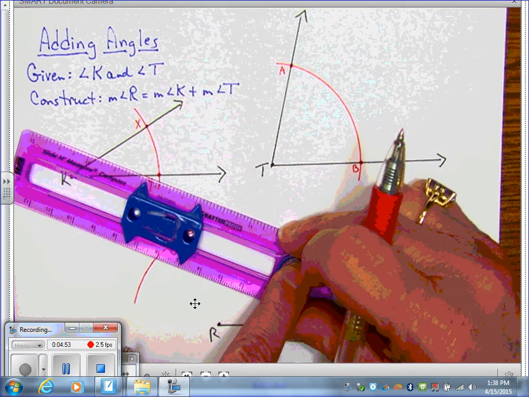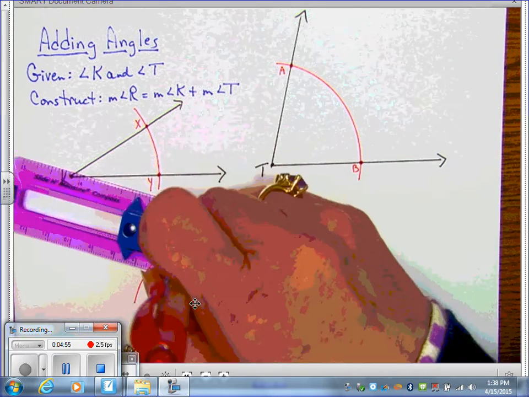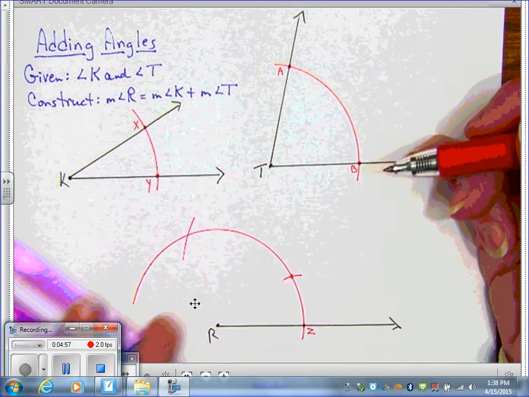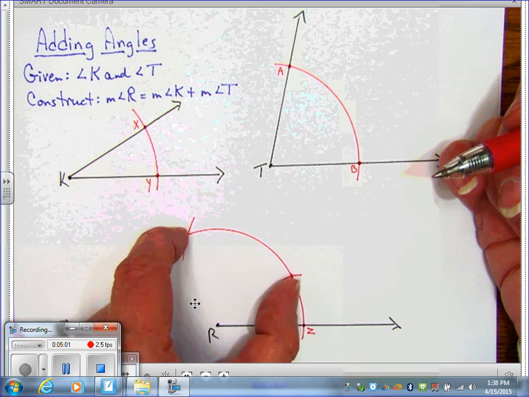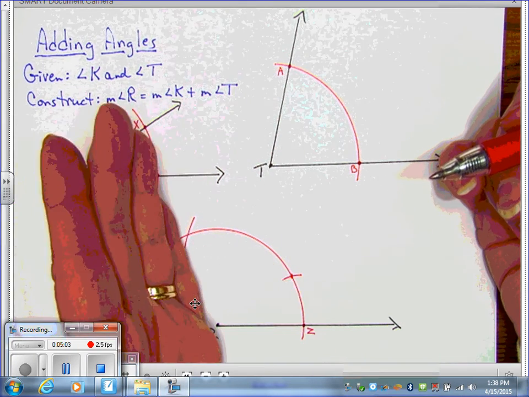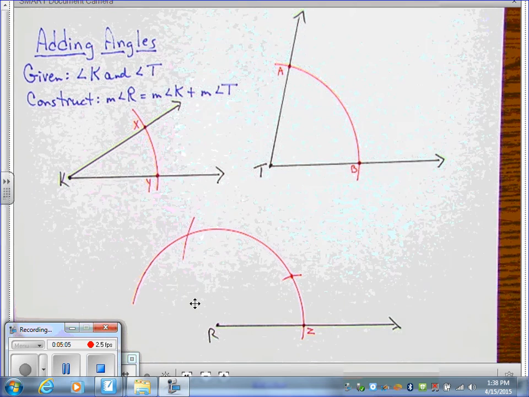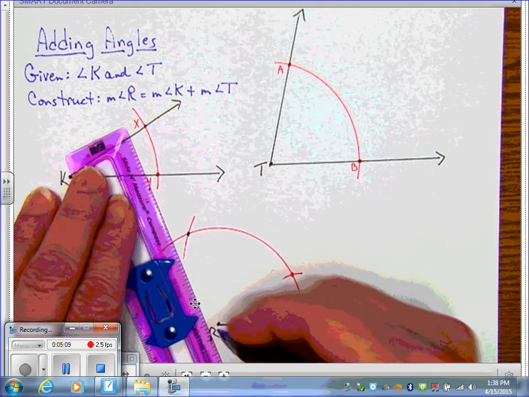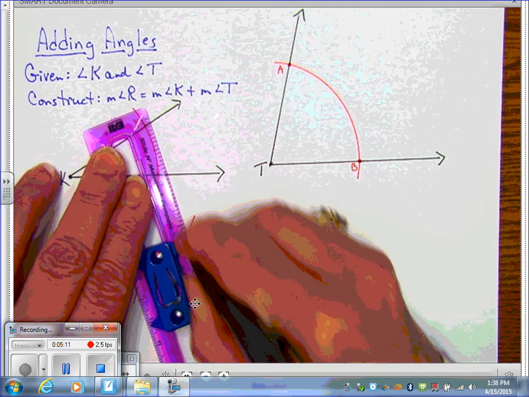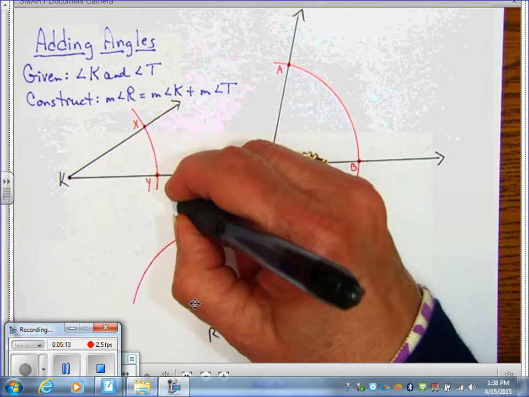And this arc, I'll now crisscross on my favorite arc. Now you can see, here's angle K. There's the arc for angle T. And here's where we will finish our construction. The sum of angle K plus angle T. There you go.